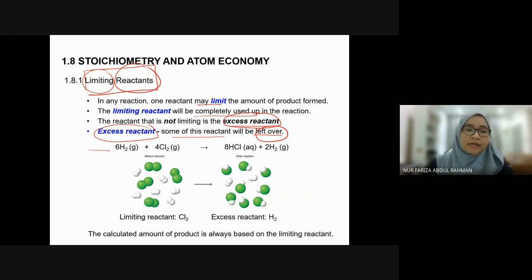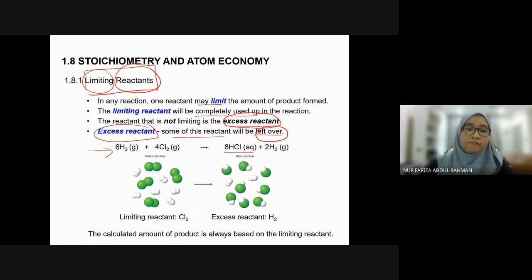Okay, look at the example of reaction here. We have 6 mole of hydrogen reacting with 4 mole of chlorine gas. 6 moles of hydrogen gas react with 4 moles of chlorine gas to produce 8 mole of HCl in aqueous state, and 2 moles of hydrogen gas.